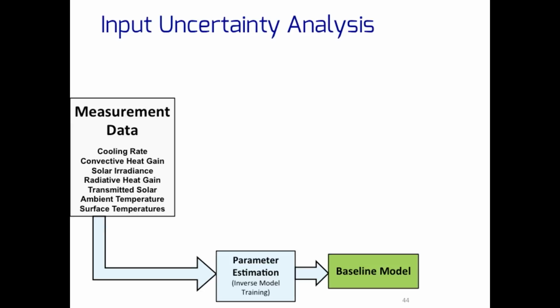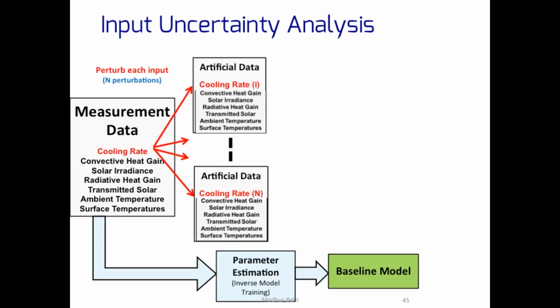So the first thing we do is we obtain our initial data and go through the estimation process to establish a nominal model or a baseline model for that particular zone or building. And then we introduce artificial but meaningful perturbations in each of the data streams to create copies of the original data, with the difference between them being that one of the data streams was artificially perturbed.